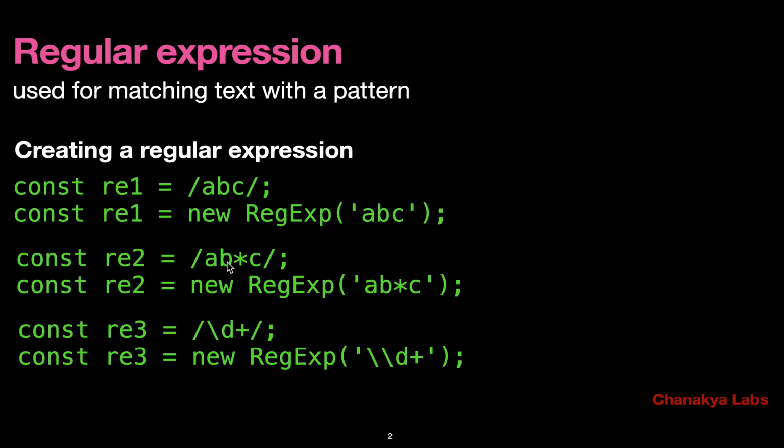So if AB plus C was there, it would not match AC, because at least one B is needed, but it will match ABC, ABBC, ABBBC, all those things. So star means zero or more, plus means one or more. And in this particular case, it means that it will match one or more digits.